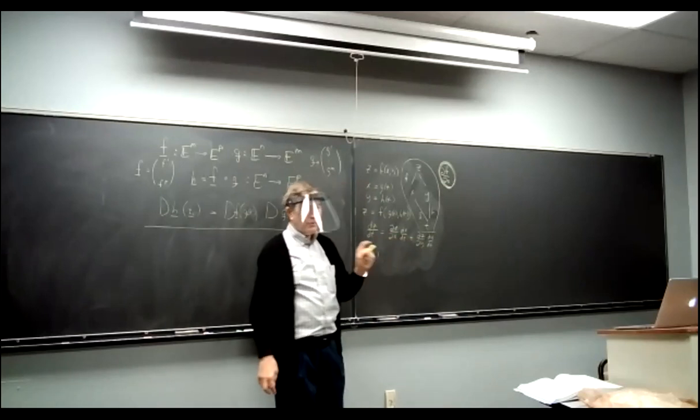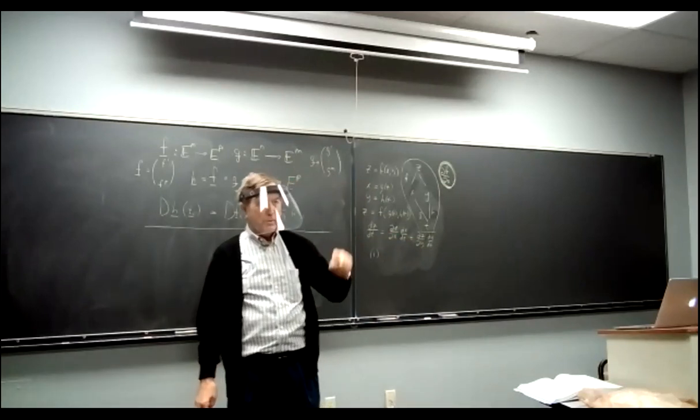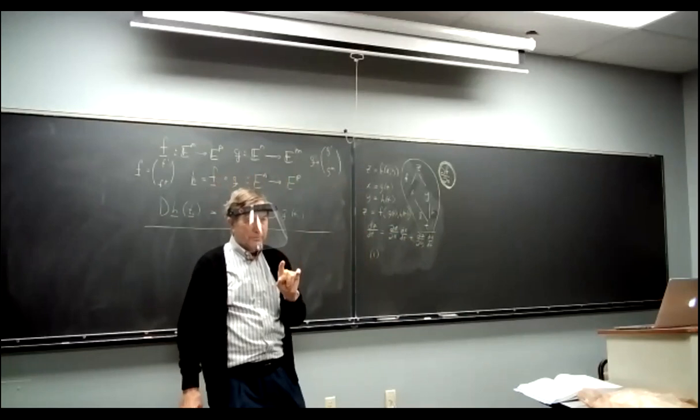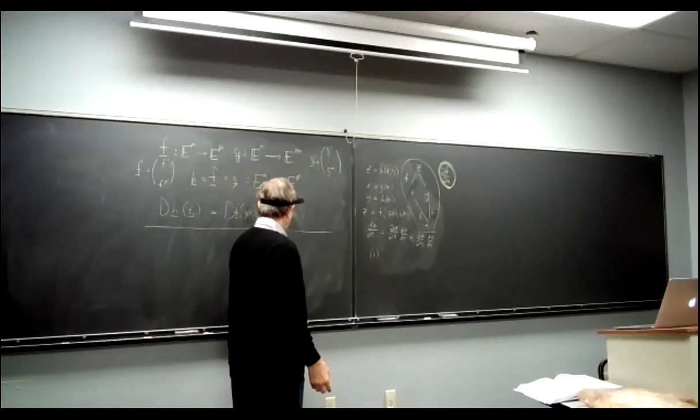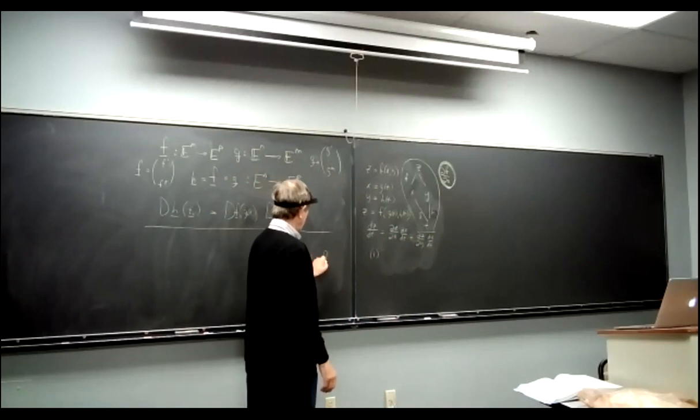There's nothing in the notation that tells you where to put the 1, except when you guys learn, if I have the product of two functions, not these functions, but if I have the product of two functions at x, you all know that's f of x times g of x.